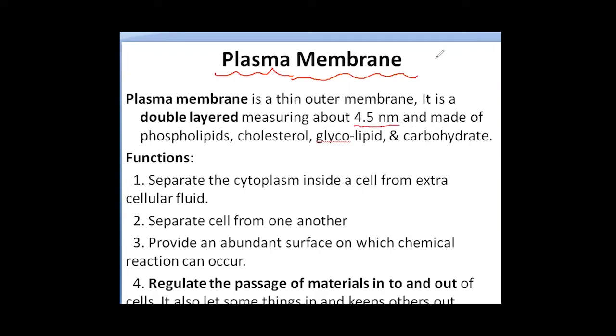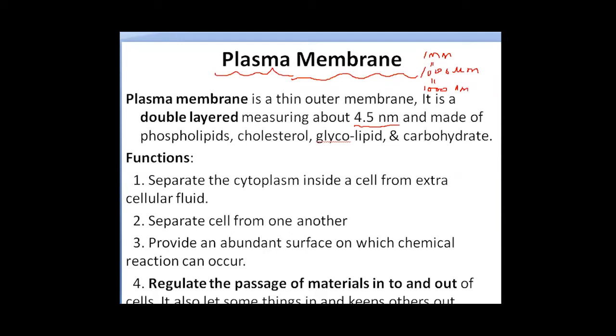So 1 millimeter is equal to 1,000 micrometers, and 1 micrometer is equal to another 1,000 nanometers. So you can think about how small it is. That's thin.